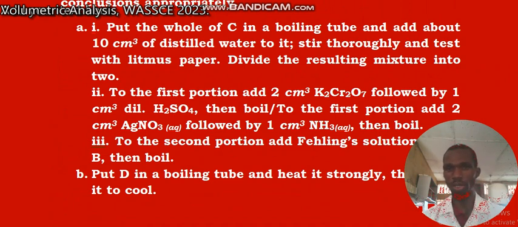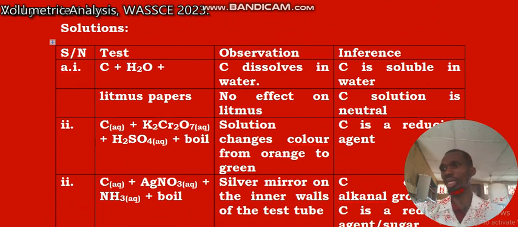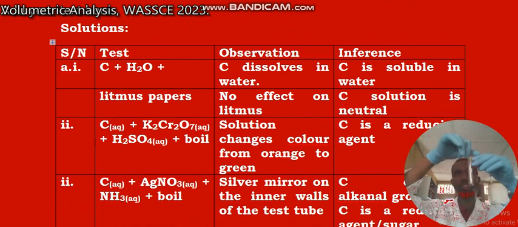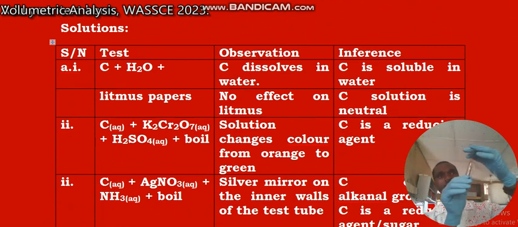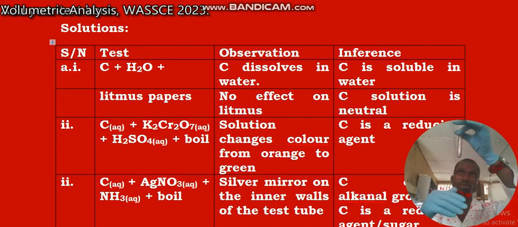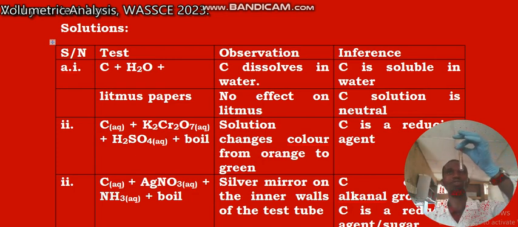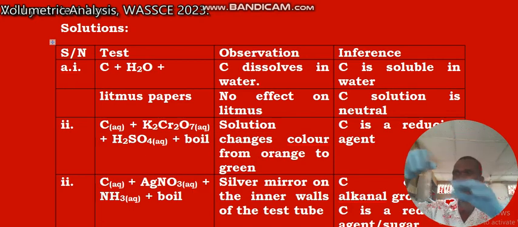Alternatively, it says, to the first portion, add 2 cm³ of AgNO3, followed by 1 cm³ of aqueous ammonia, then boil. When you add them and boil, you're going to see a silvery, mirror-like coloration on the walls. If you shake it, it will disrupt it to a large extent, but here is the silver mirror on the inner walls of the test tube.